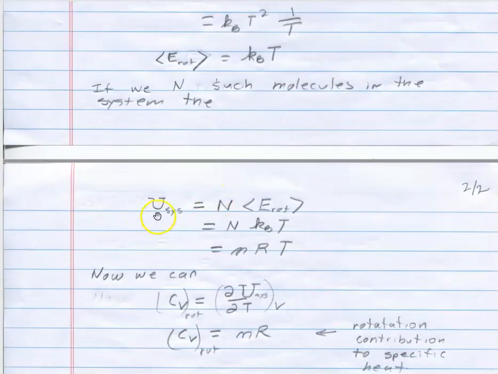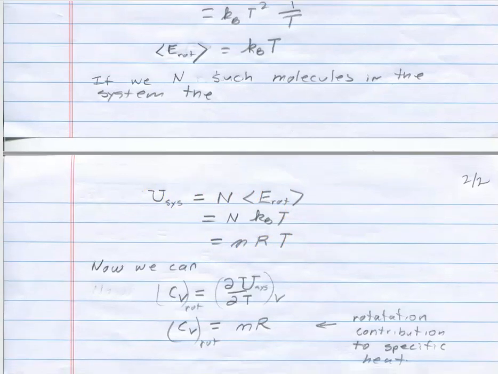Then the internal energy of the system, at least rotationally, is N times that rotational energy. And N times kB, we've seen a number of times, is the number of moles of the substance times the ideal gas constant times T. So you probably have seen expressions like that for the rotational energy in previous courses.